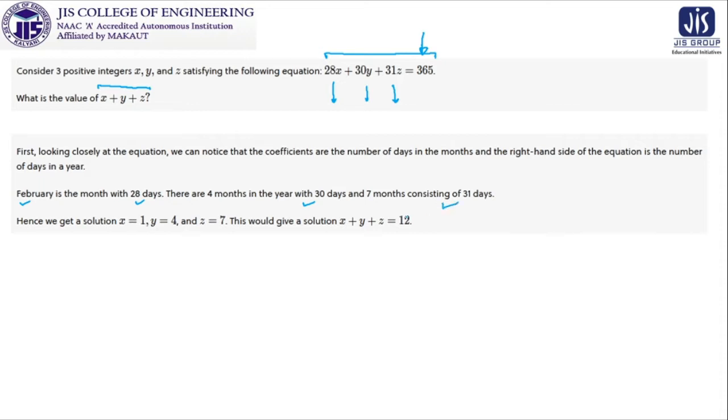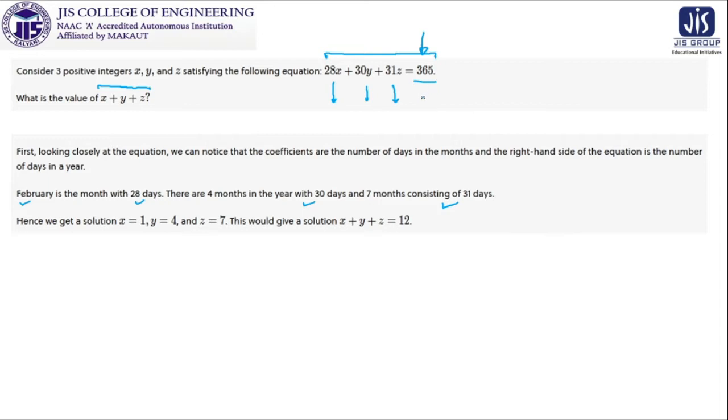So if you think about putting x equal to 1, y equal to 4 and z equal to 7, then you will get this is satisfied, that is 365 is coming.